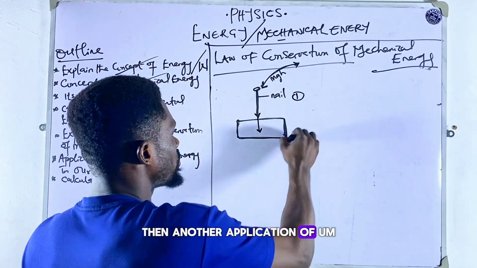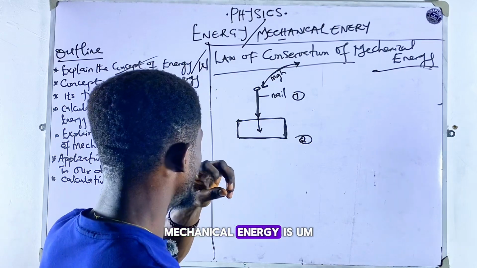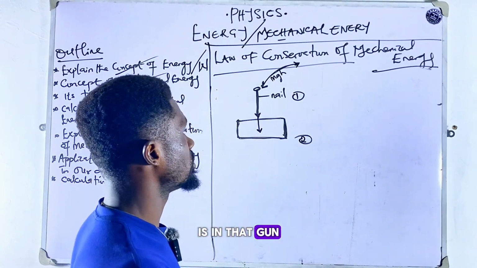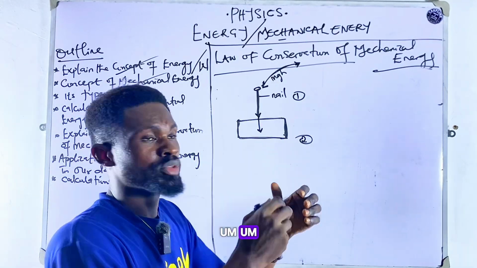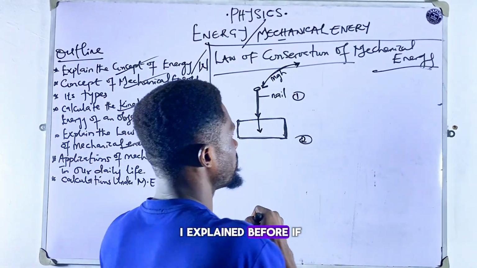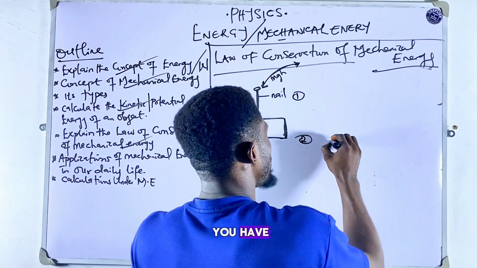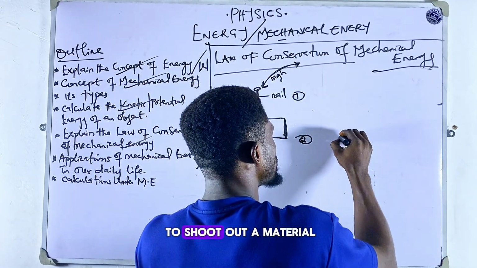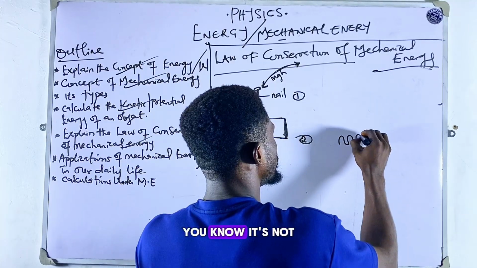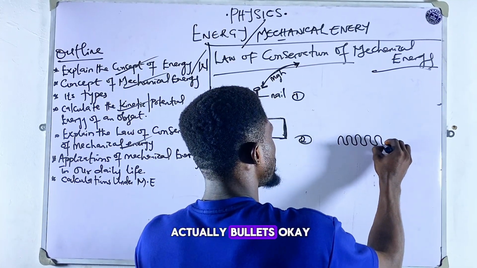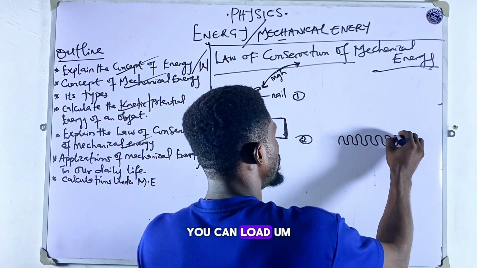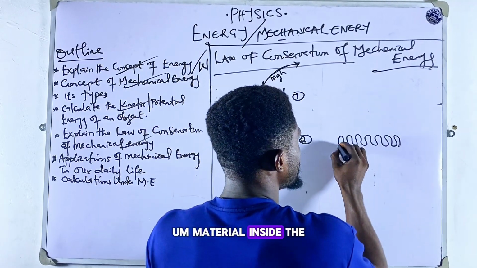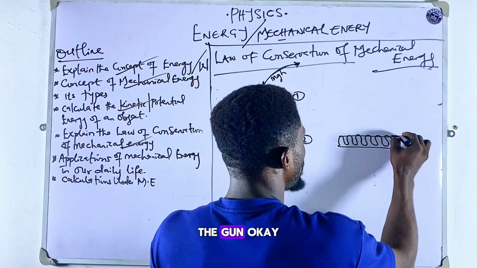Then another application of mechanical energy is in that gun that uses a spring inside, just like I explained before. For a dart gun to shoot out a material, it is not actually bullets, okay? You can load material inside the gun.